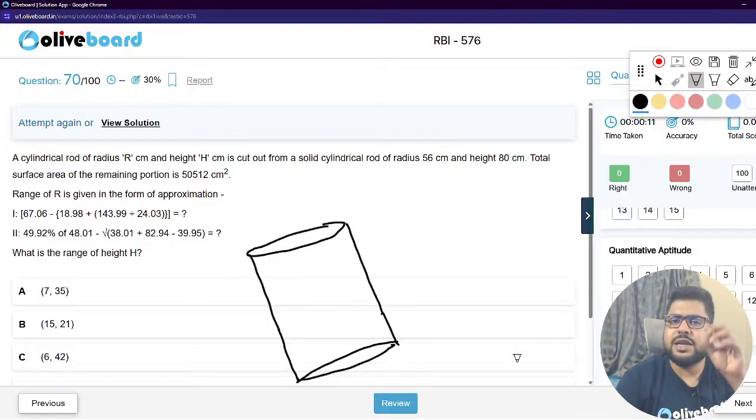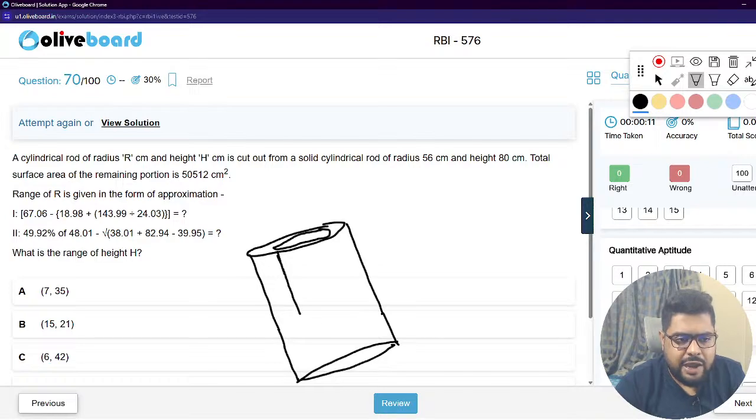Try to visualize, sir. And what happened? We have cut out a smaller cylindrical rod from this. Okay. So we have done what?